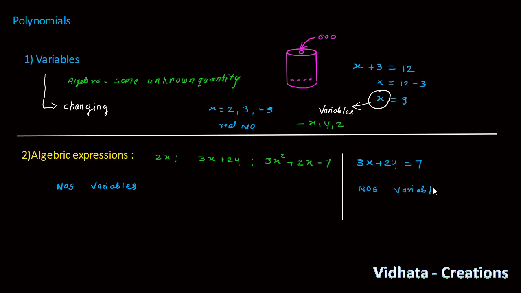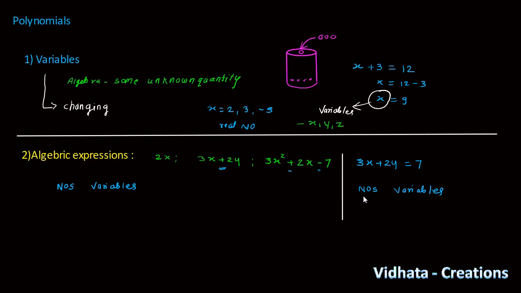In the first examples, we are able to see numbers, variables, and these numbers and variables, in between them, they may be in addition with each other, just like here plus sign is there, here plus sign is there, here minus sign is there. It means if we are going to consider these as algebraic expressions, then they include numbers, variables, and these numbers and variables may be in addition with each other or maybe in subtraction with each other.